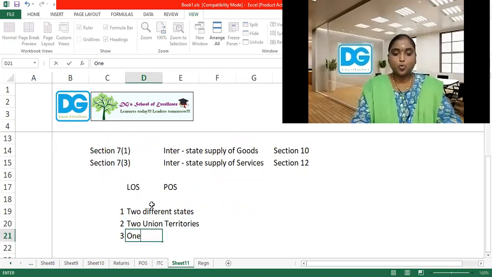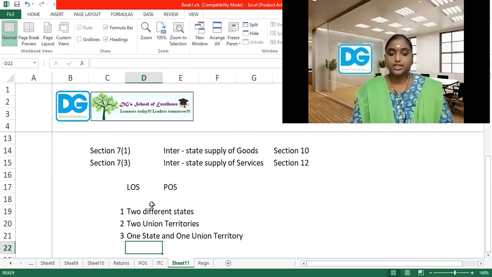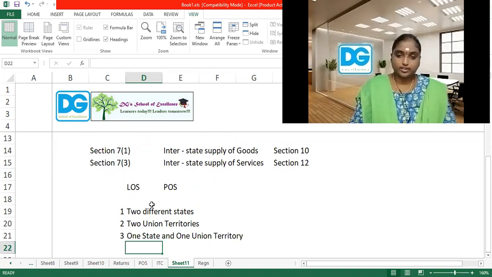Third, one state and one union territory. In case the location of supplier and the place of supply are in one state and one union territory, then they are said to be supply in the course of interstate trade.